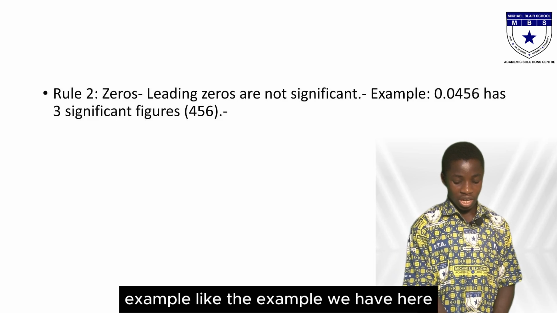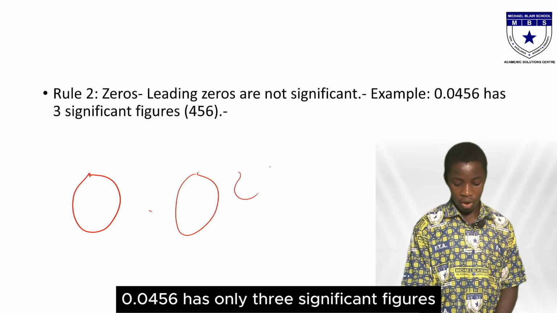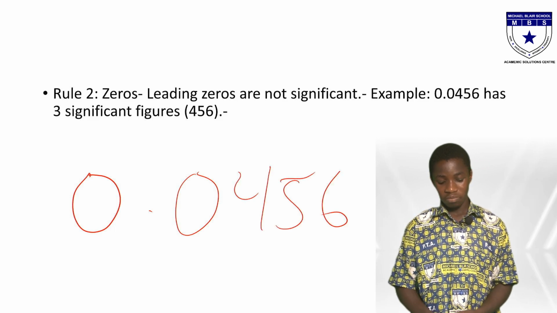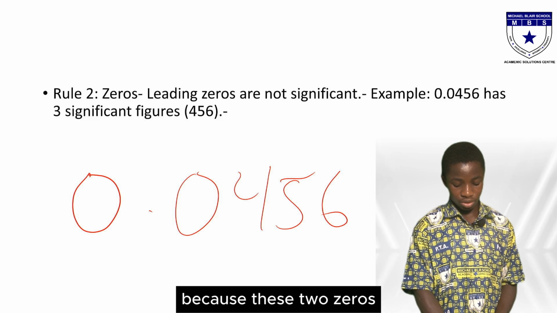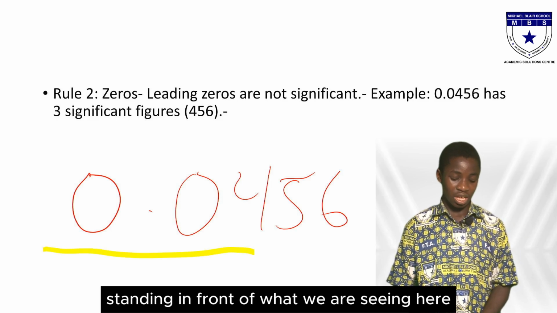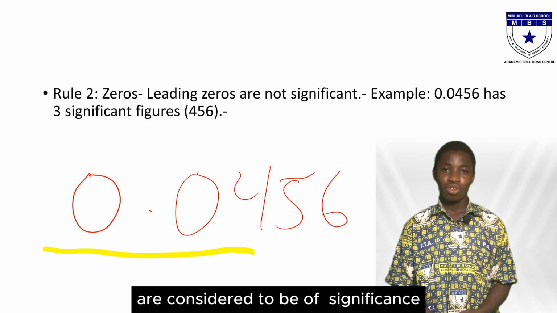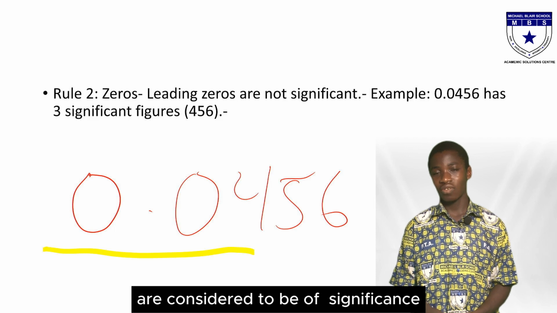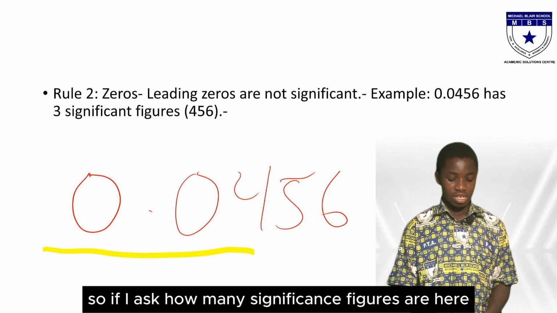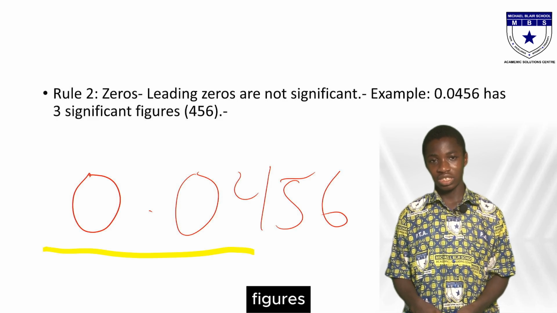Example, like the example we have here, 0.0456 has only 3 significant figures because these 2 zeros standing in front of what we are seeing here are considered to be of no significance. So if I ask how many significant figures are here, it's 4, 5, and 6, which are 3 significant figures.